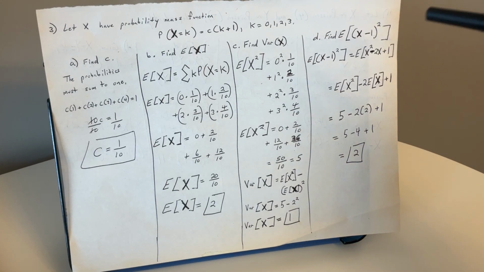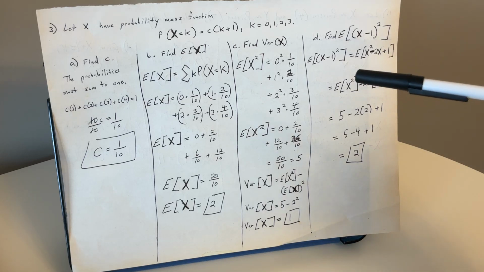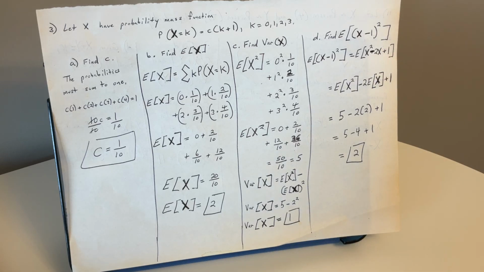Letter D, we want to find the expected value of (X minus 1) squared. First we expand it: E of X squared minus 2 E of X plus 1.